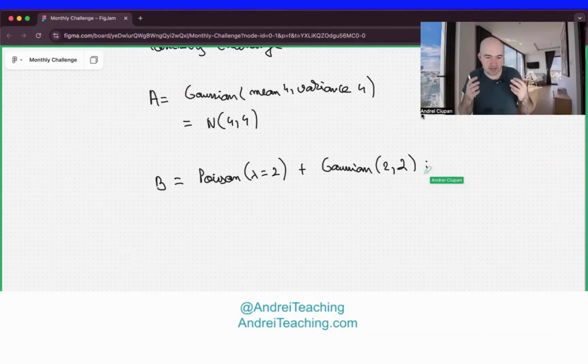That's the same thing as getting a random number from the sum. So basically, to press the box of B, I press the box for the Poisson, I press the box for the Gaussian, and then I just add them together. Okay. So the question is, which one has the highest median?